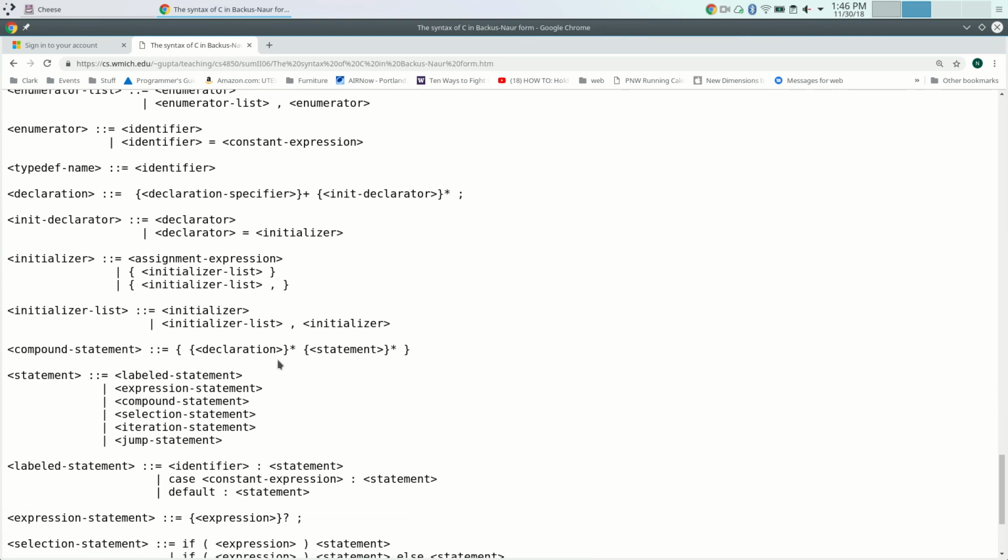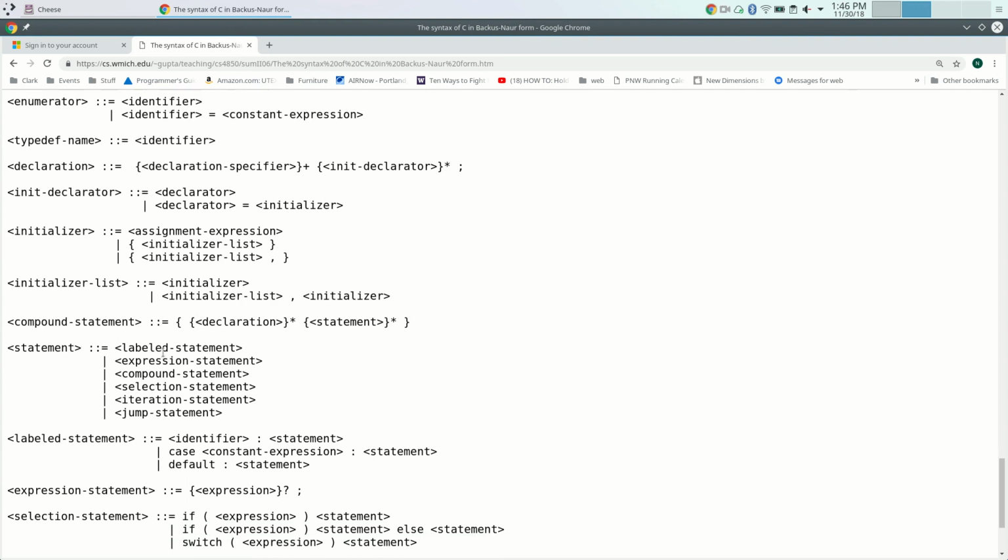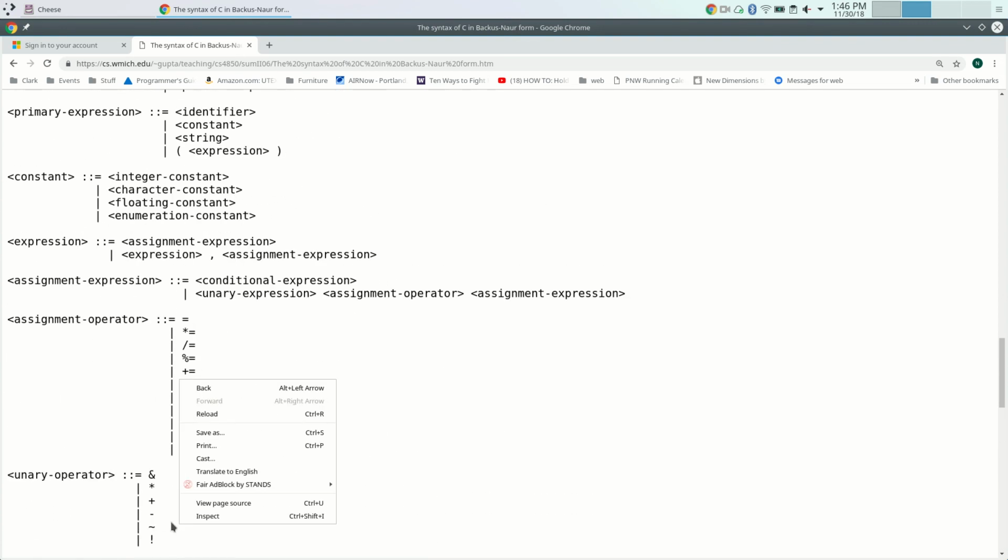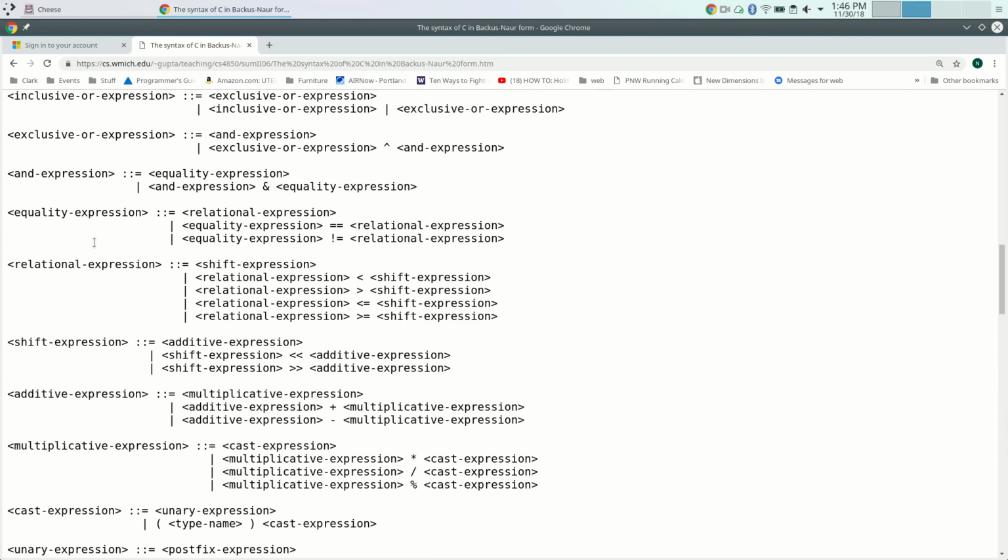There's a compound statement. It's a declaration followed by a statement. What's a statement? It's a labeled statement or an expression or a compound or a selection or an iteration or a jump. It's a lot of different possibilities, and we wouldn't want to use this ourselves, but we could write a program that would be roughly this long, and we could feed it a big long string, which is a C program source code, and it could tell us if there's any syntax errors in it.